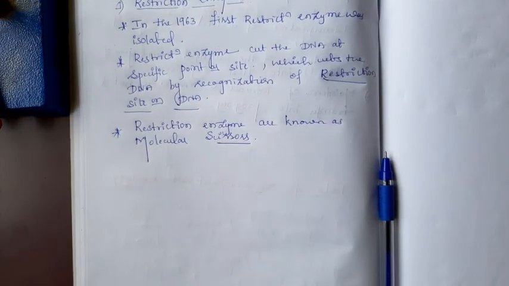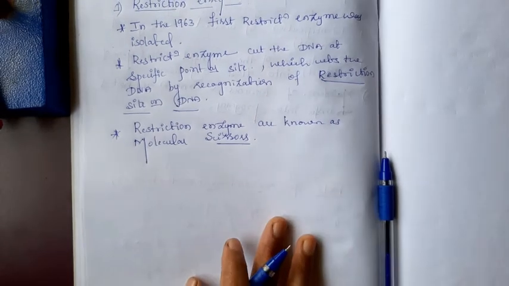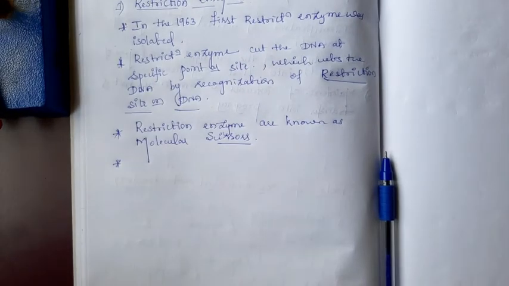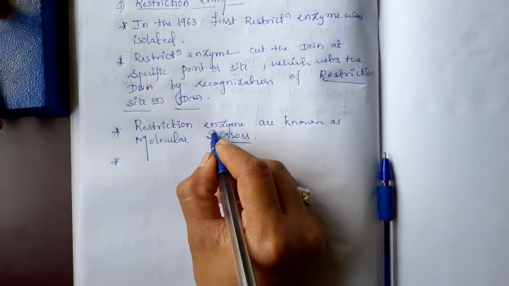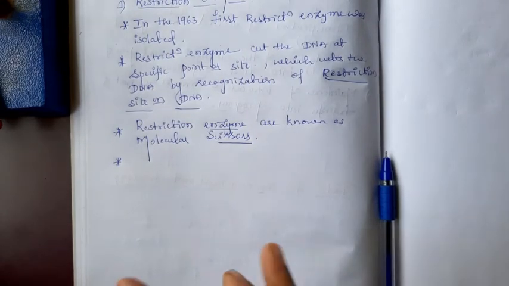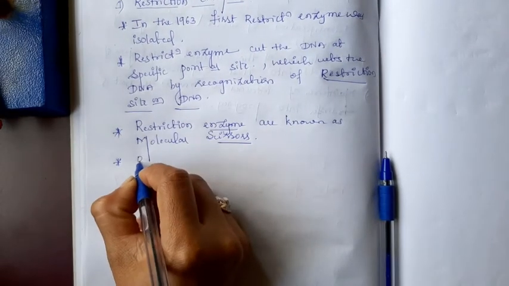Okay. Then in the year 1963 only, the first restriction endonuclease. I forgot one thing, students. Restriction enzymes, which cut the DNA and RNA, are also known as RENs.